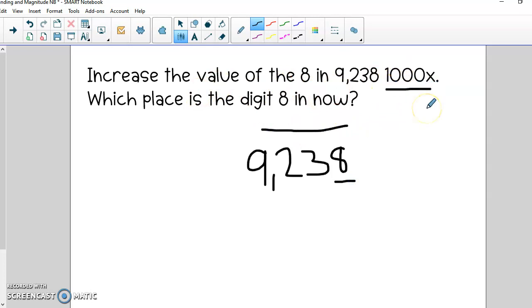How many zeros are in 1,000? 1, 2, 3. So we're going to move 8, 3 places to the left, and it should be in the thousands place. So beside example number 3, you should write the word thousands.